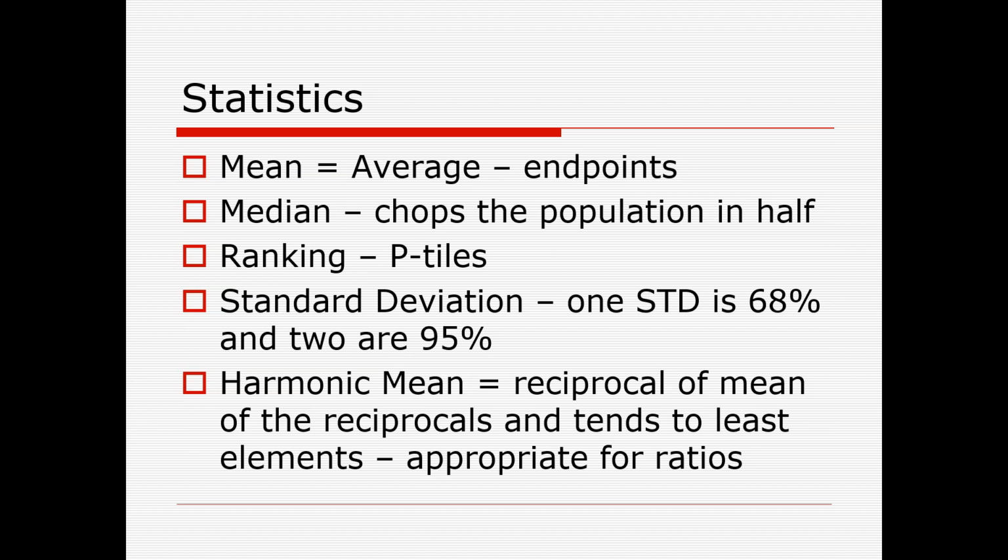You can go out to Wikipedia and look up inner quartile and see what that looks like, but it's a different way of statistically representing a population. It's not as math specific, but it has a lot of value. If half of your population is in this area here and the other half of the population has the outliers in it, it's pretty strong evidence that this middle inner quartile is where you should be at.